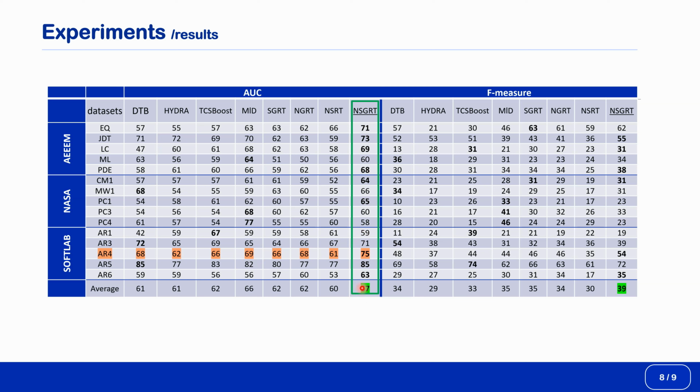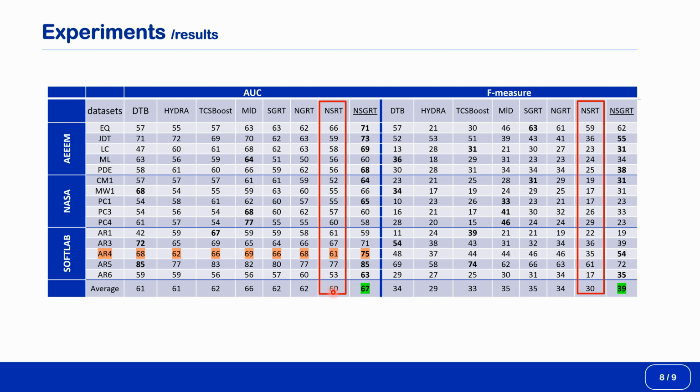In order to analyze the effect of each step of training data preparation, it can be said that due to the lower average result of NSRT in both AUC and F-measure compared to the other two methods, SGRT and NGRT, in general, the gravitation Newton's law-based weighting has a better effect on improving performance, since the removal of it had a more negative effect on average.